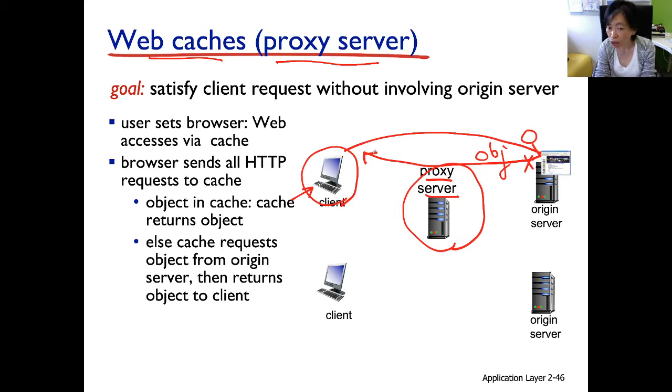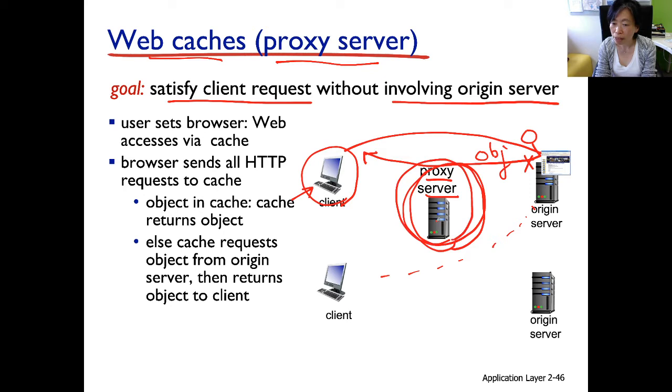But in web caches, the goal is to satisfy some client requests such that there's no involvement of the original server required. Some of the clients don't need to reach the original server to get the object. This is done by keeping a copy of the object somewhere in the middle at the proxy server.